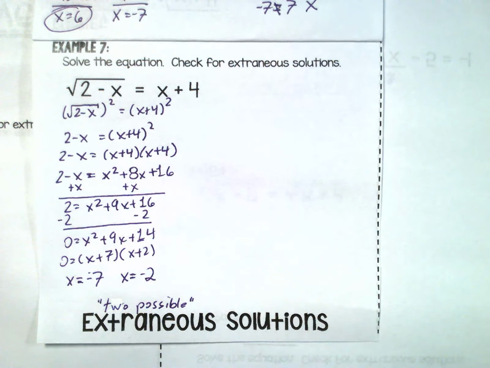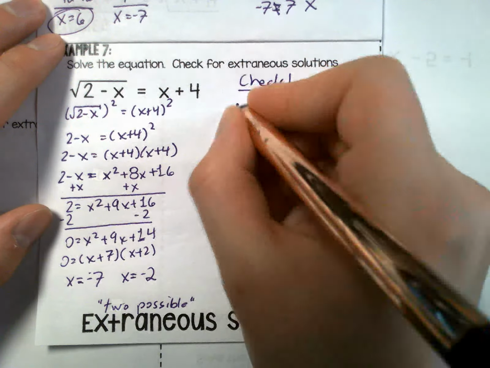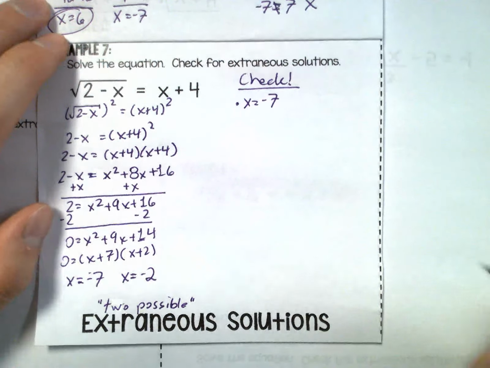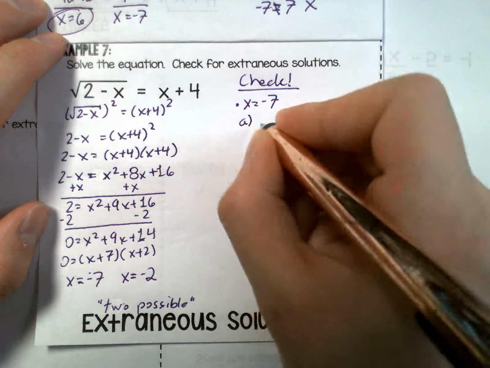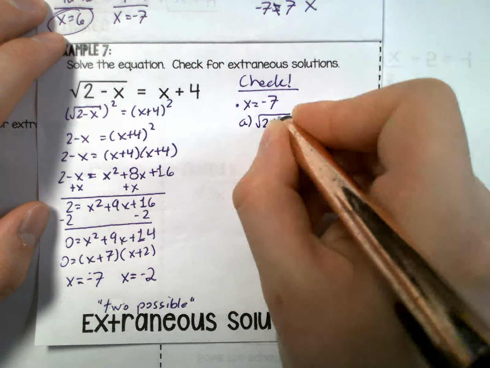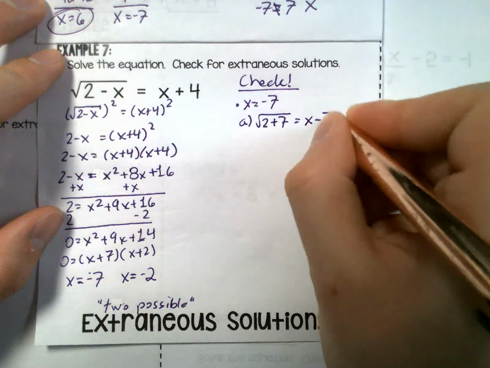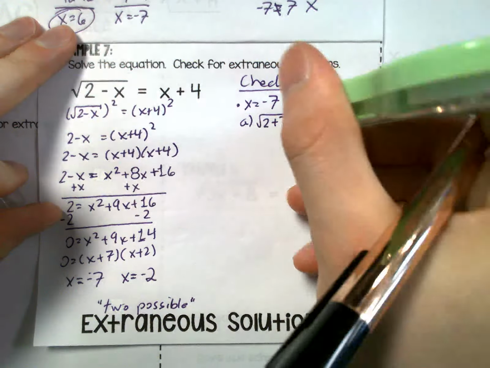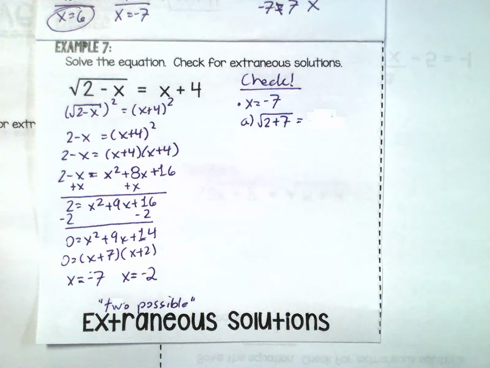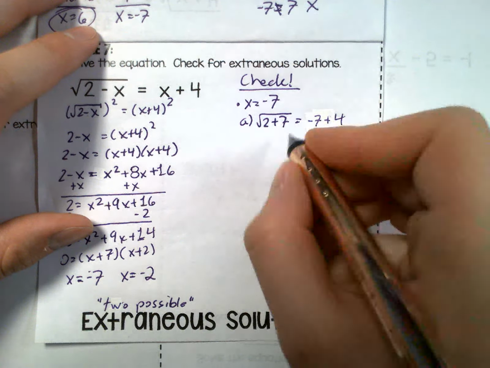But, as always, we got to check them. So let's do x equals negative 7 first. I plug that in. We get the square root of 2 plus 7, sign flip, equals x plus 4, so negative 7 plus 4.